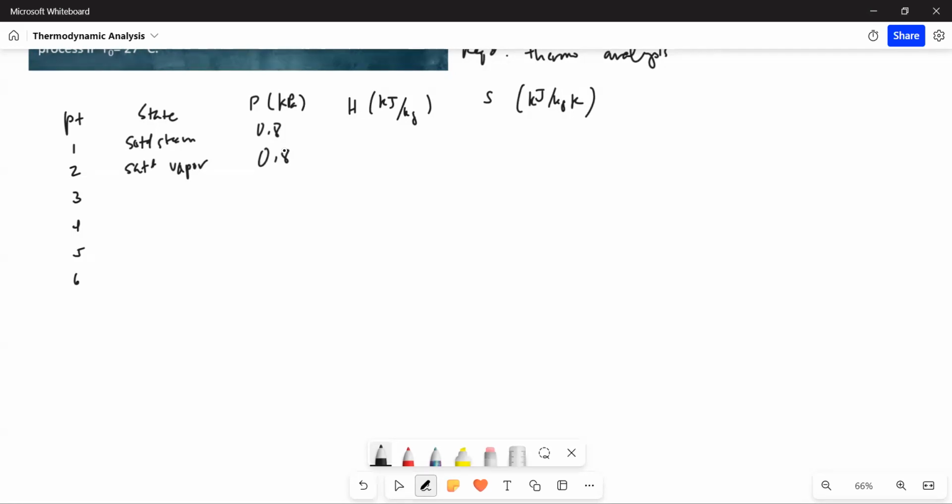From the steam table, at P2 equal to 0.8 kilopascal, you have to interpolate. You will get H vapor 2508.48, and S2 equal to 9.0586.